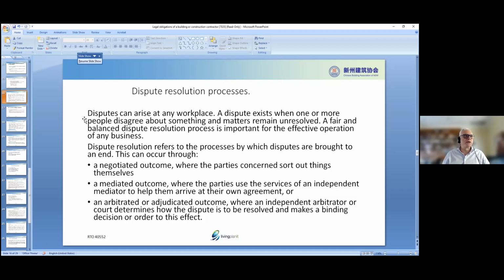Obviously, the best way is to get together, talk about the problem, try and resolve it, negotiate the issue. Sometimes it requires mediation, where you bring in an independent mediator to try and resolve the issues. And then if that doesn't work, there's an arbitration process where you go to court without it being as expensive as a proper court, and then get it resolved that way.